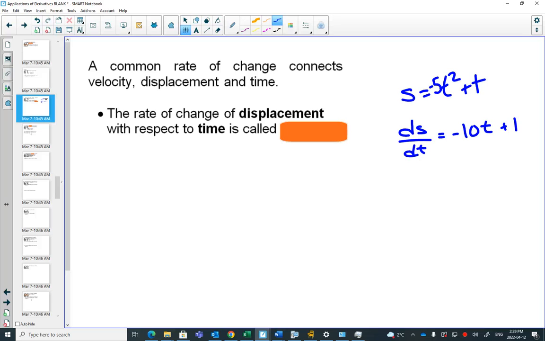And so the derivative of any equation that measures displacement is going to be velocity. And then the double derivative is going to be acceleration.